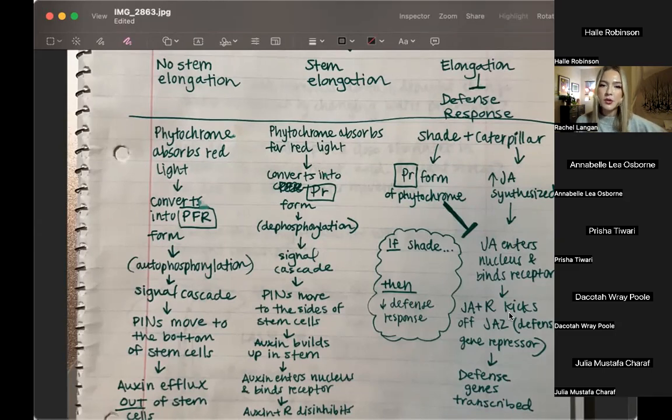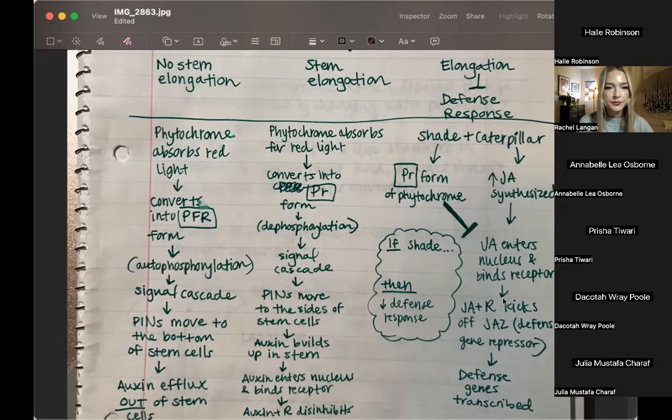So it removes the repression of defense genes, and you get more defense gene transcription happening. In the shade, the plant can still make JA, so those concentrations can still increase, but then something downstream gets inhibited, and in the shade, we're not going to make defense gene transcription go up. So that's the trade-off you should know about.